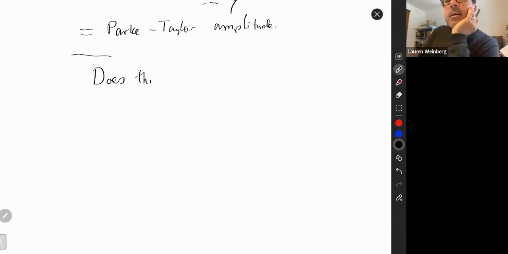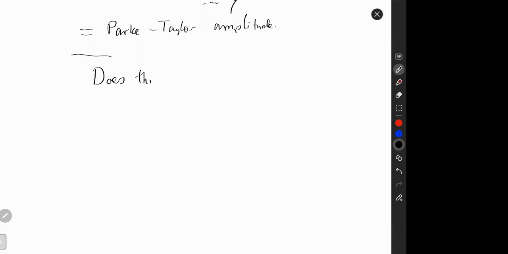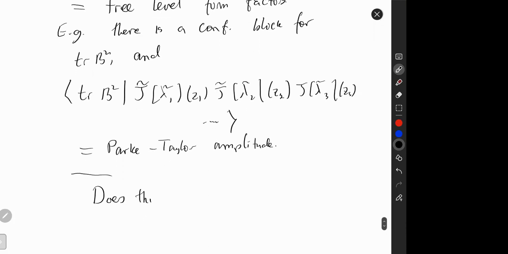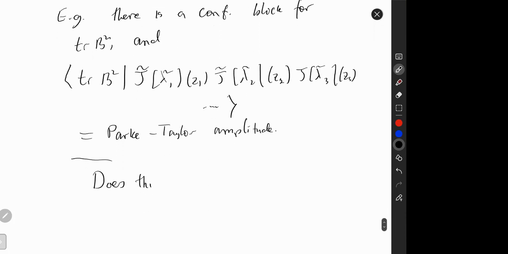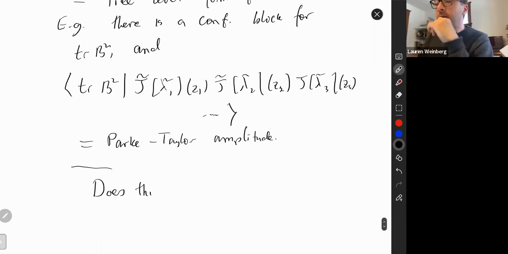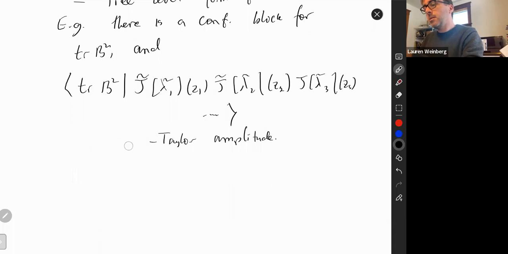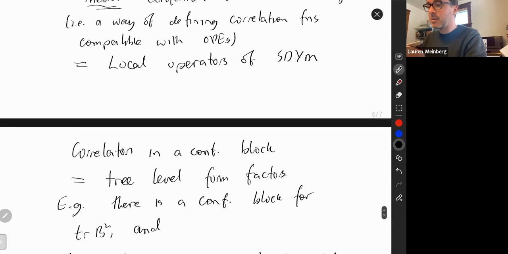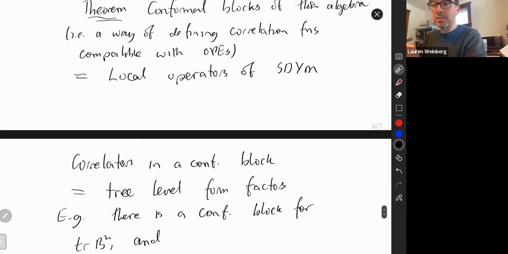So when you are saying that you're taking the inner product with trace of b squared, are you assuming that the b has a dependence on the lambdas in any way? Well, let's see. To make sense of this, we have to unravel the statement that conformal blocks are the same as local operators.